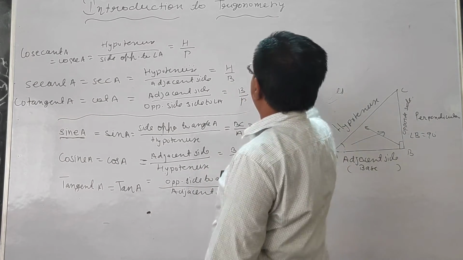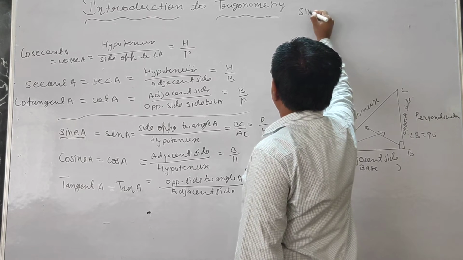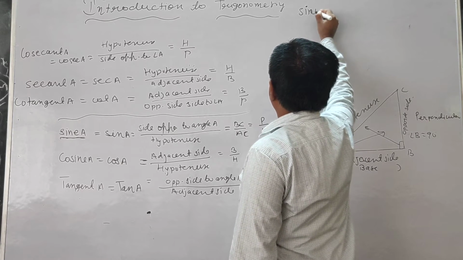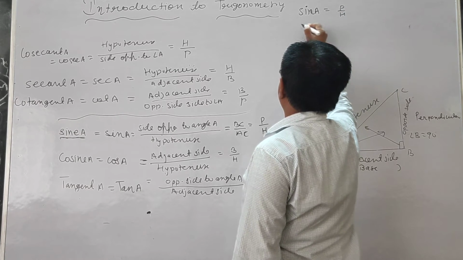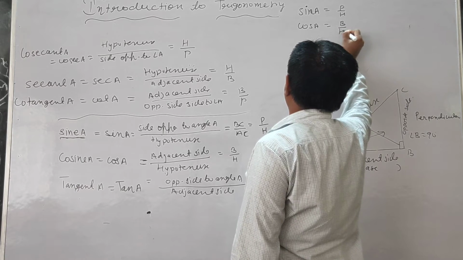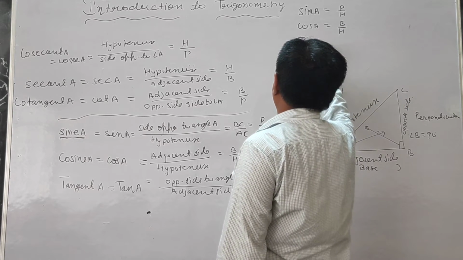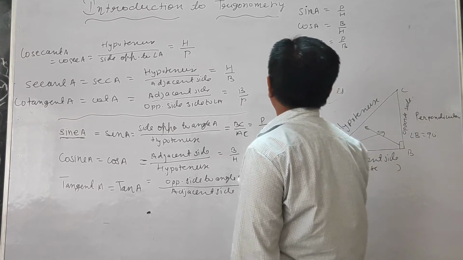In short form, we write: sine A is perpendicular upon hypotenuse. Then cos A is base upon hypotenuse, and tan A is perpendicular upon base.